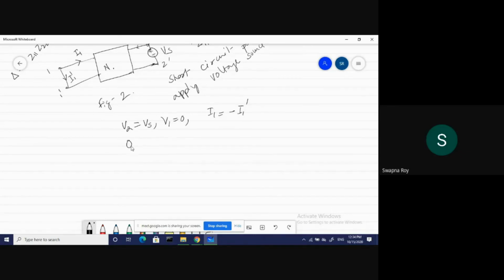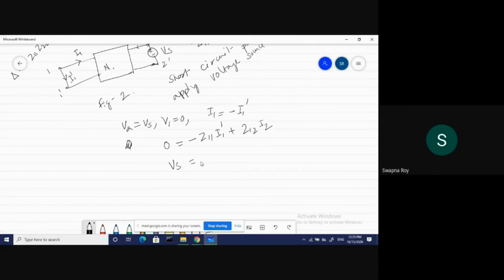So the equation will be 0 is equal to Z11 I1. So it will be minus Z11 I1 dash plus Z12 I2, and V2 is equal to Vs now.